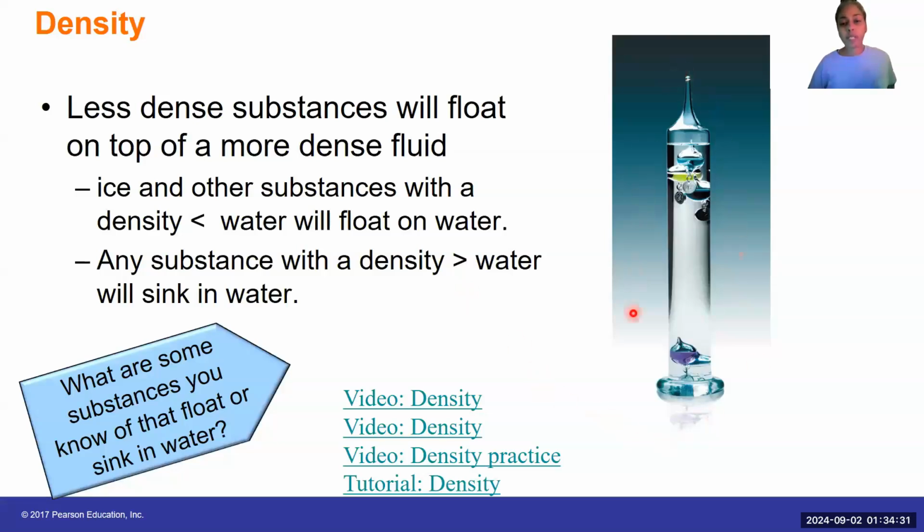And that's what we're looking at here in the density tube. Notice that this substance here is down at the bottom of the tube, and these items that are less dense than water are floating. Notice that the item on the top is less dense than these other two items here. And the item here on the bottom is more dense than the two items above it. So what are some substances that you know of that will sink or float in water?